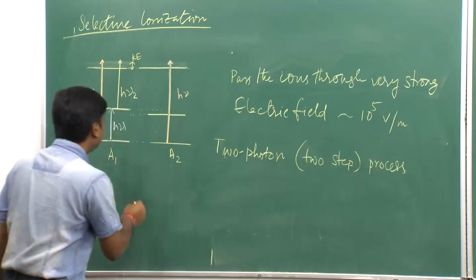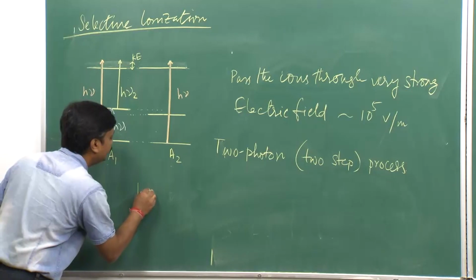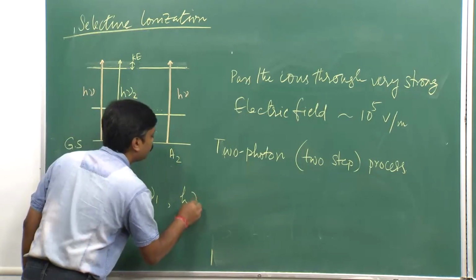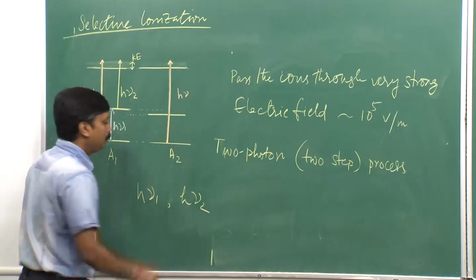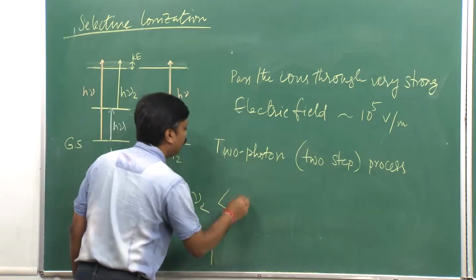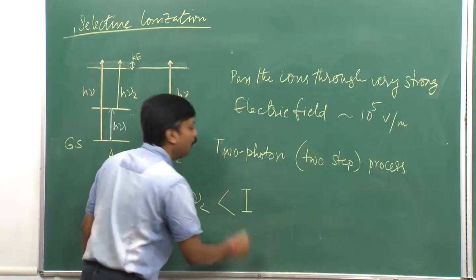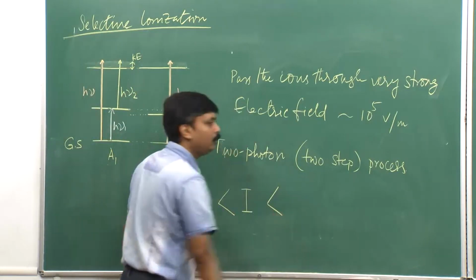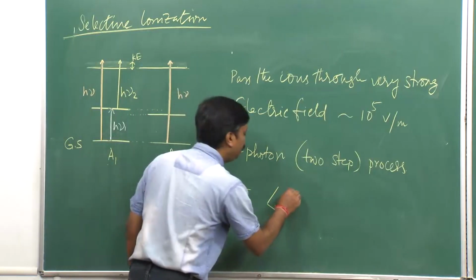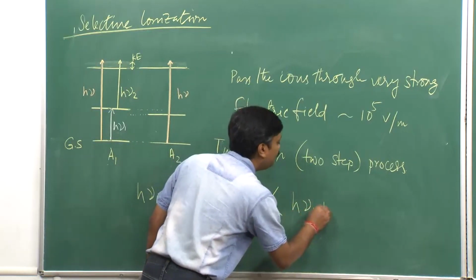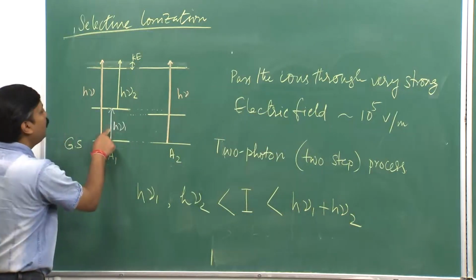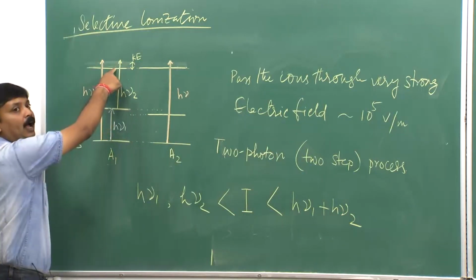So, my condition will be that h nu 1 or h nu 2 must be less than the ionization energy I, which should be less than the sum of this. This is very easy to understand because nu 1 plus nu 2 is more than the ionization energy.